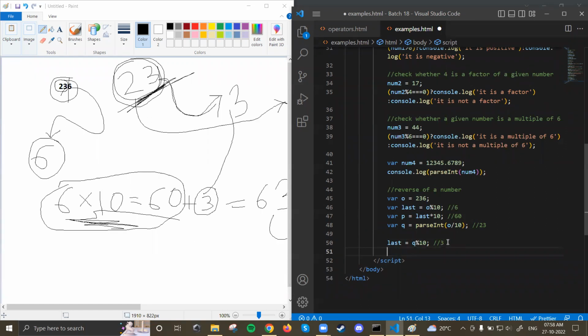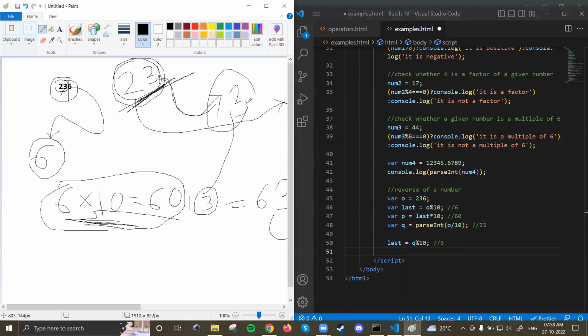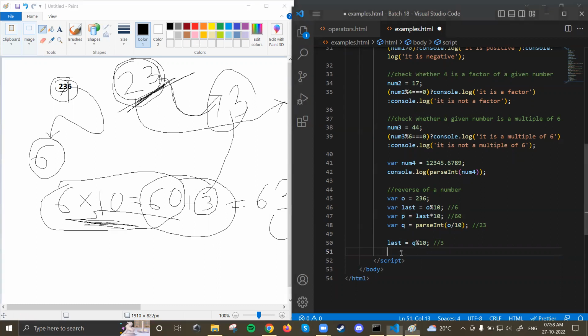Now we have to go for the P. What we'll do with the P? We got this 3. Now we have to add this 3 to 60, isn't it? We already had 60 in P. So I'll write P equal to P plus last.